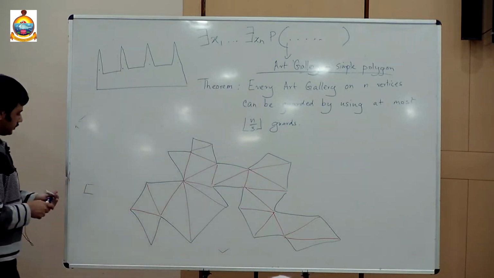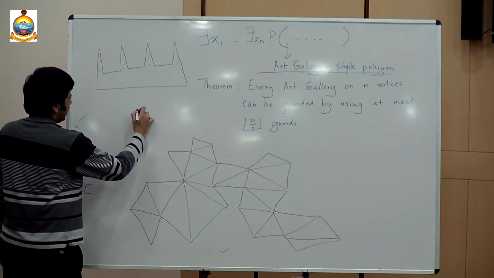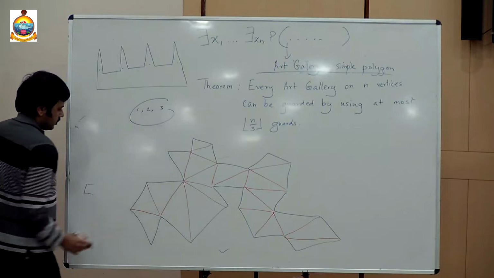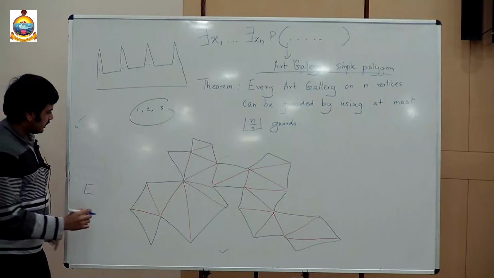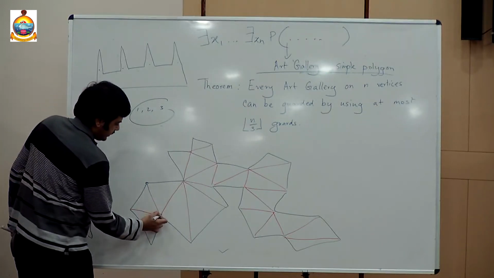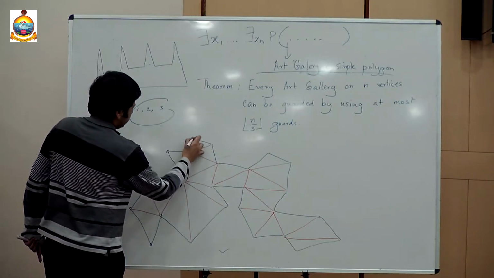So, we will use colors: color 1, color 2, color 3. This is basically a subgraph of the visibility graph, as you can see. These are vertices, and now we will color the vertices of the polygon.